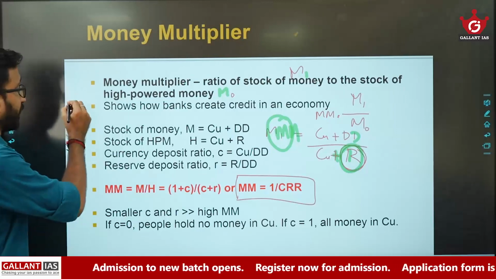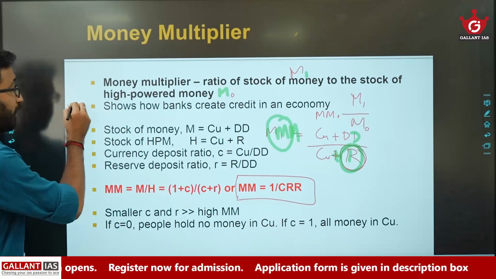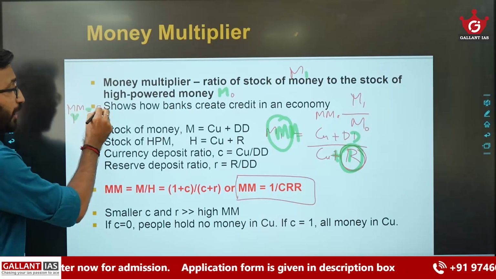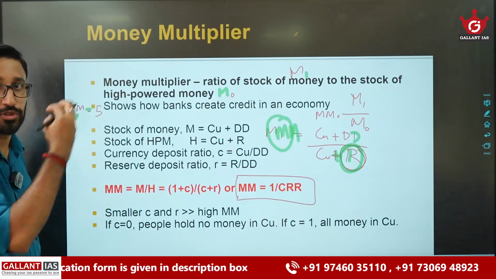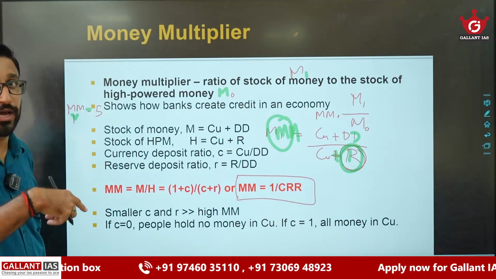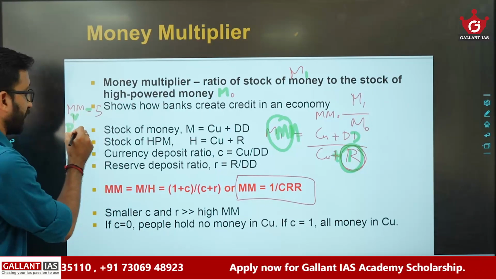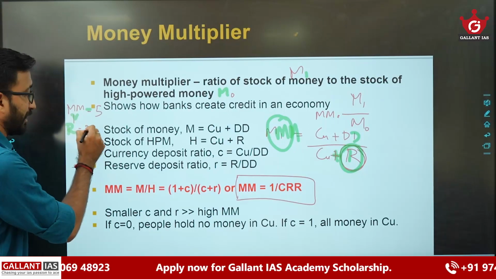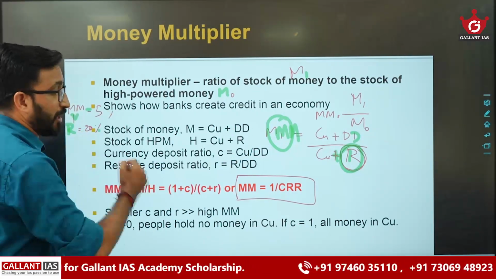There we got money multiplier as 5, because an initial deposit of 100 became 500 at the end of the calculation. So that means a 5 times growth in the deposit. So money multiplier is 5. Reserve was 20%. Now put these values into this equation.